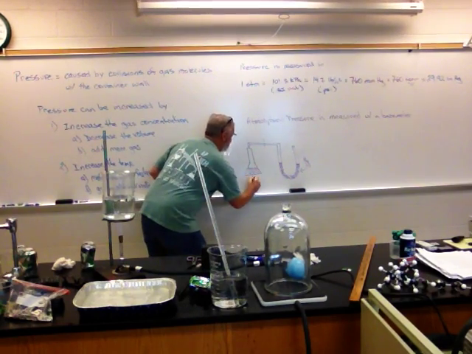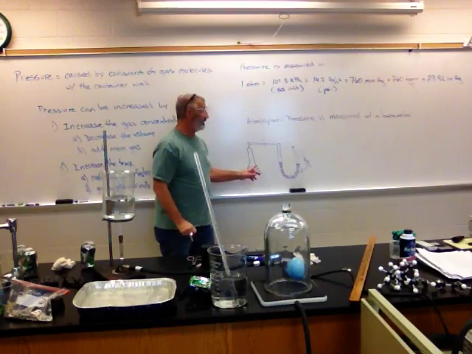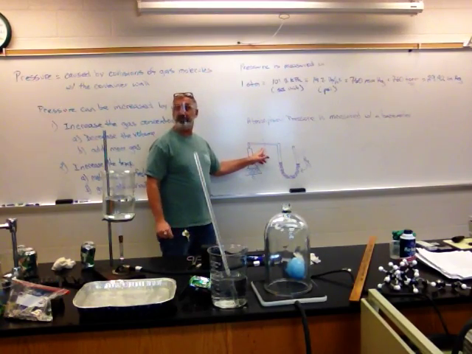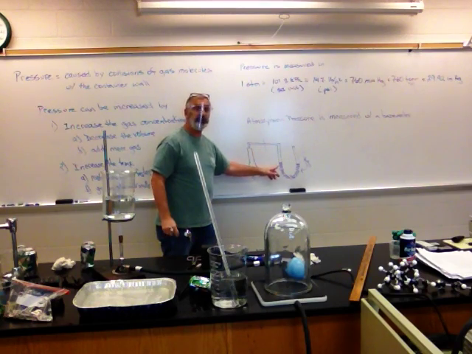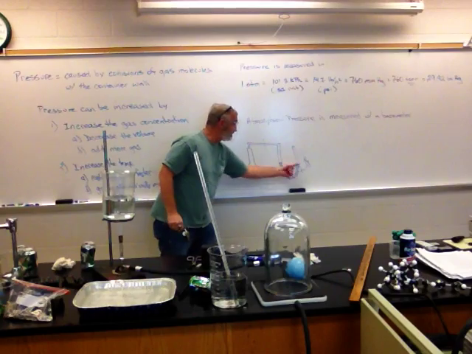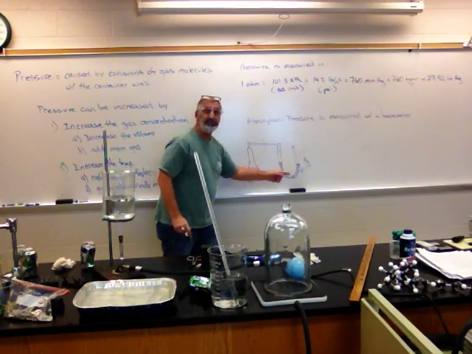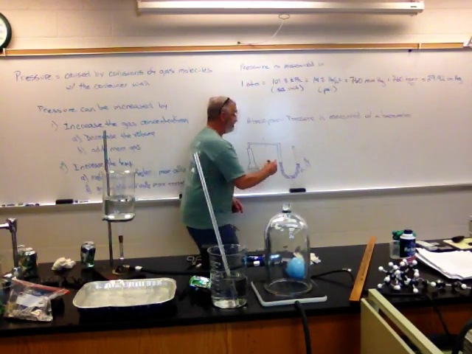Okay, so here's my ethanol. I have a little valve right here that can stop the vapor molecules from coming. This is mercury in the original U-tube, okay? So this is a U-tube full of mercury. Because gravity is going to pull equally, they're going to be at equal levels. But this is a vacuum up here.